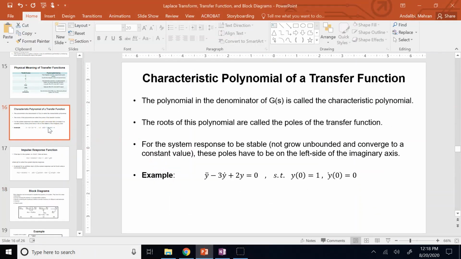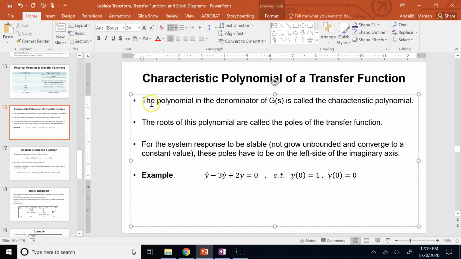Another term we need to learn about the transfer function is the characteristic polynomial. The denominator of a transfer function G of s is a polynomial. That polynomial we call the characteristic polynomial.